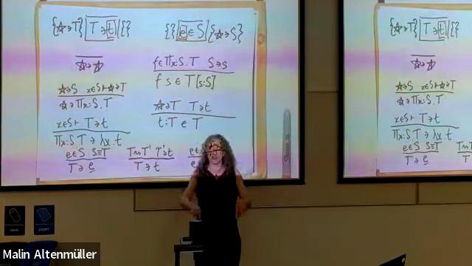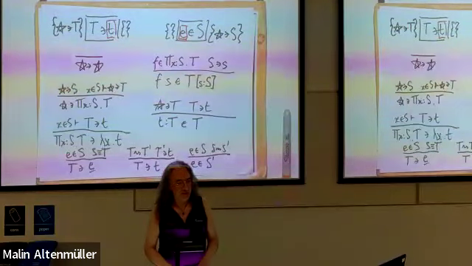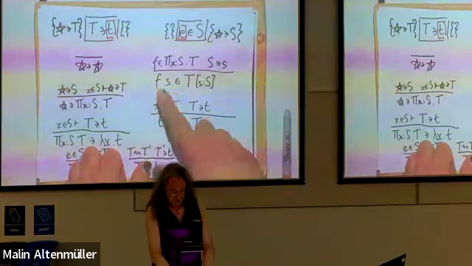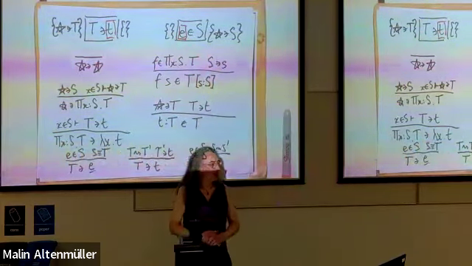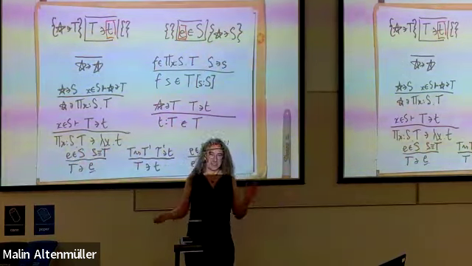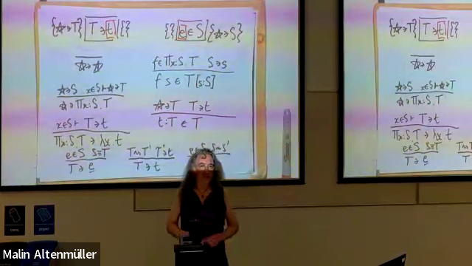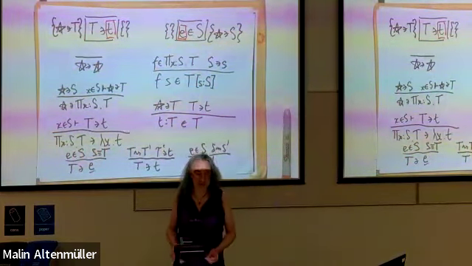So we could consider 0 or 1 steps, because if f of s takes 0 or 1 steps, then f takes 0 or 1 step, and s takes 0 or 1 step. It's good that we're going that way, taking 0 or 1 apart. We get a sensible induction hypothesis.